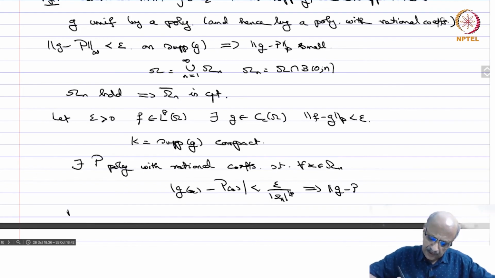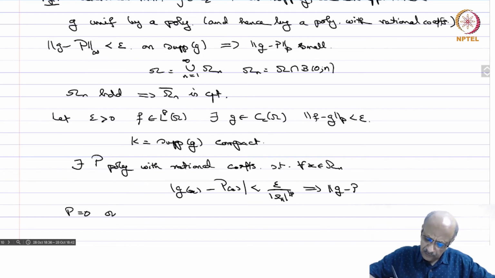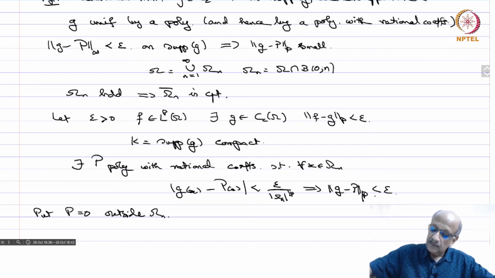Now you put P equal to 0 outside Omega_n, then P will become an L^p function as I explained earlier, and you will have the L^p norm of g minus P is less than epsilon by the choice.